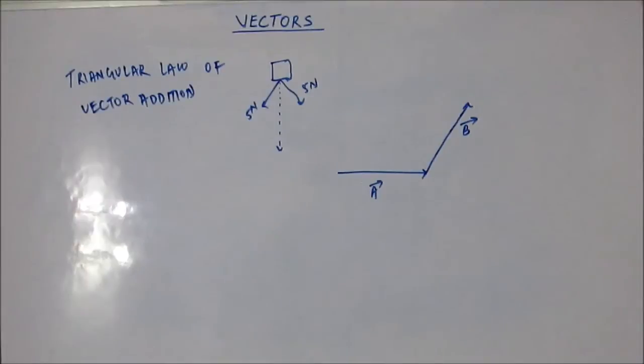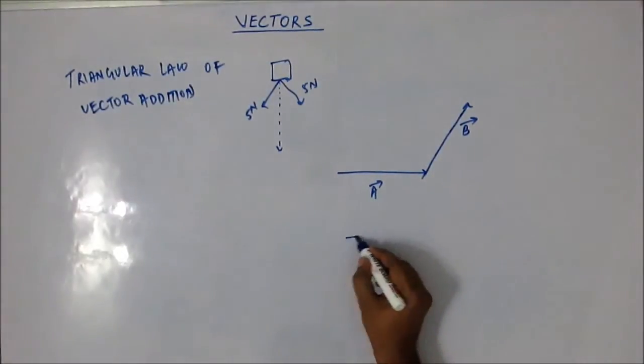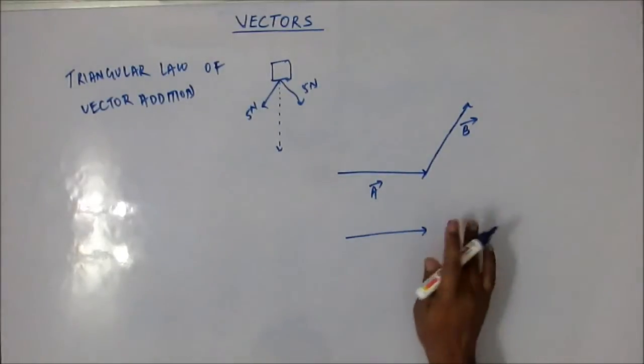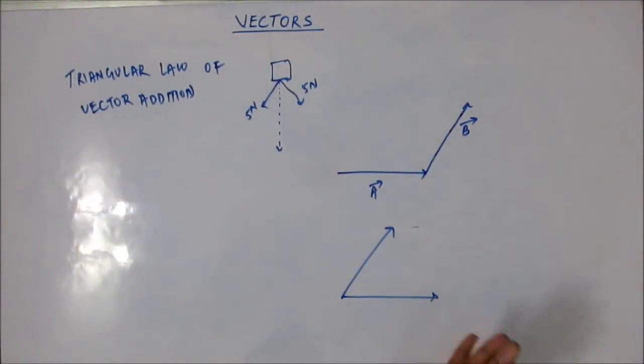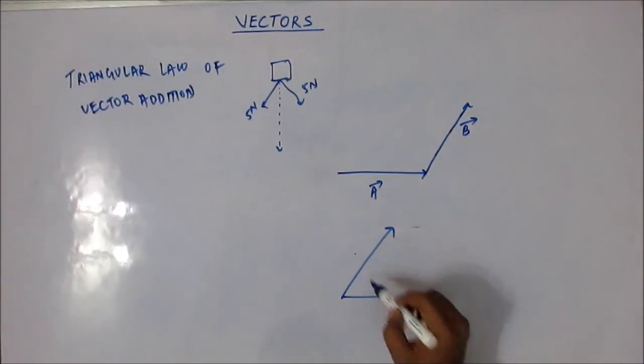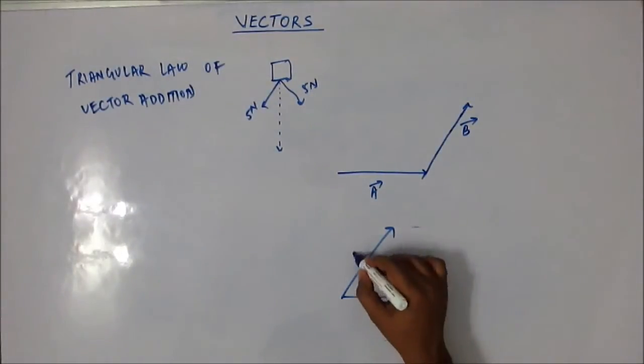In the triangular law of vector addition, if two vectors are given like this, and we have to find the sum of these two vectors, what we do is bring them head to tail. Suppose this is A vector and this is B vector.